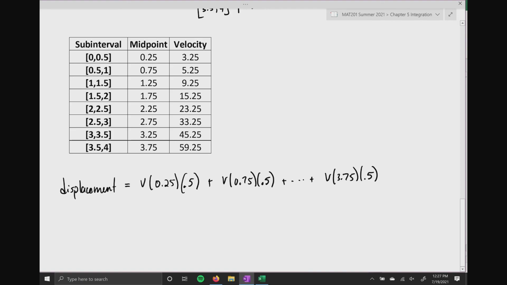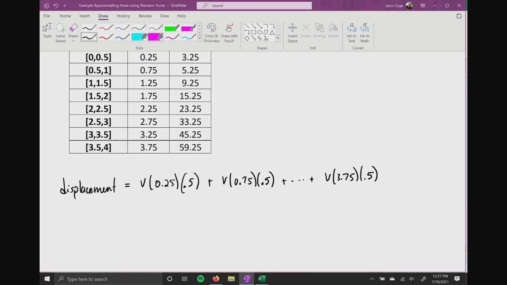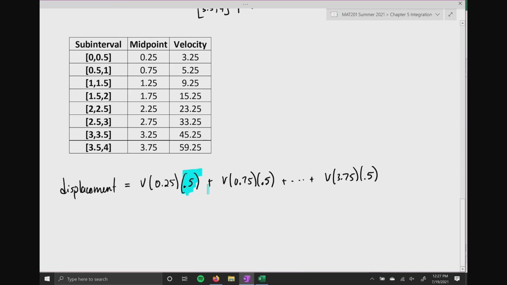Now, there is an easy way to do this without having to just multiply every single little thing. Notice that every single one of these terms has a 0.5 in common. That's the delta x. Okay?